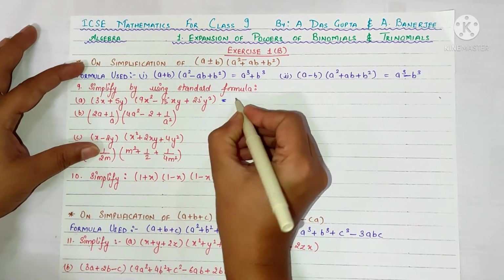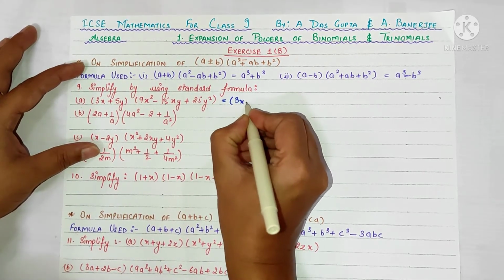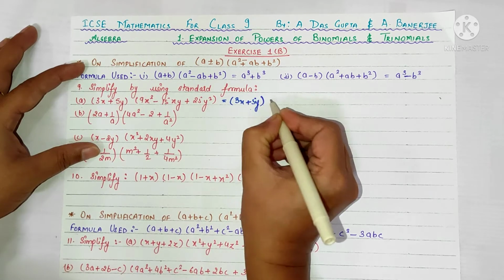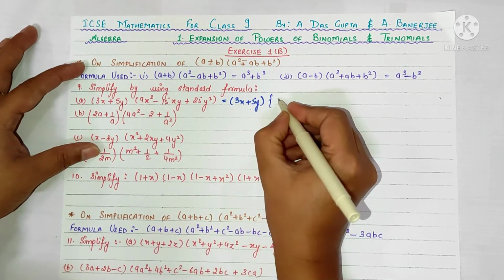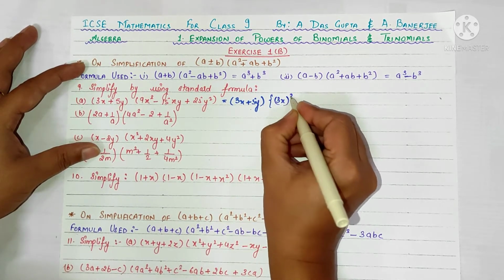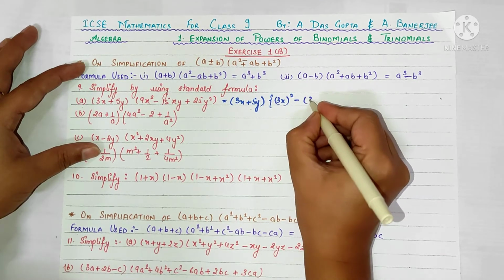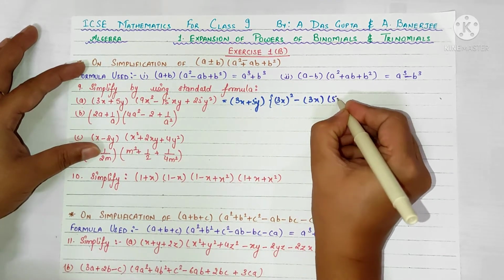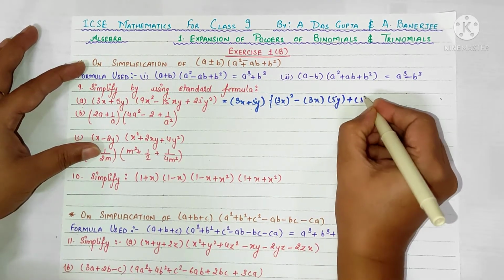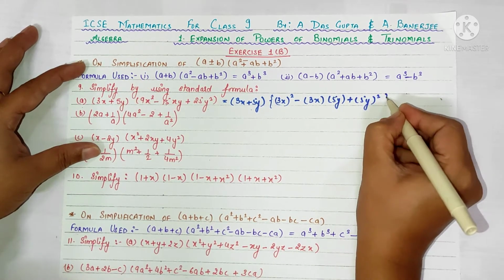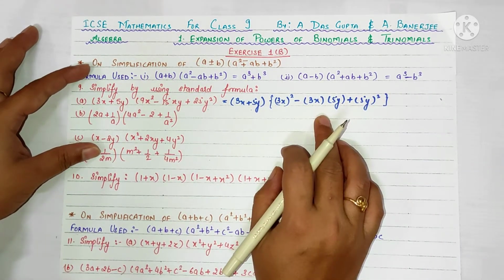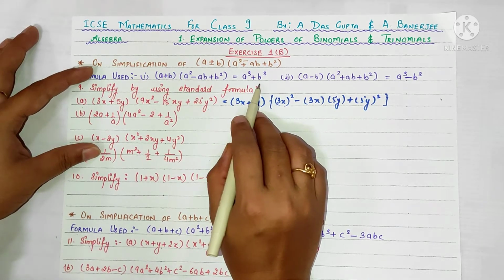So first part, that will be 3x plus 5y, and we are going to write 9x square as (3x) square minus 3x into 5y plus (5y) square. So here this formula is being converted as a cube plus b cube.